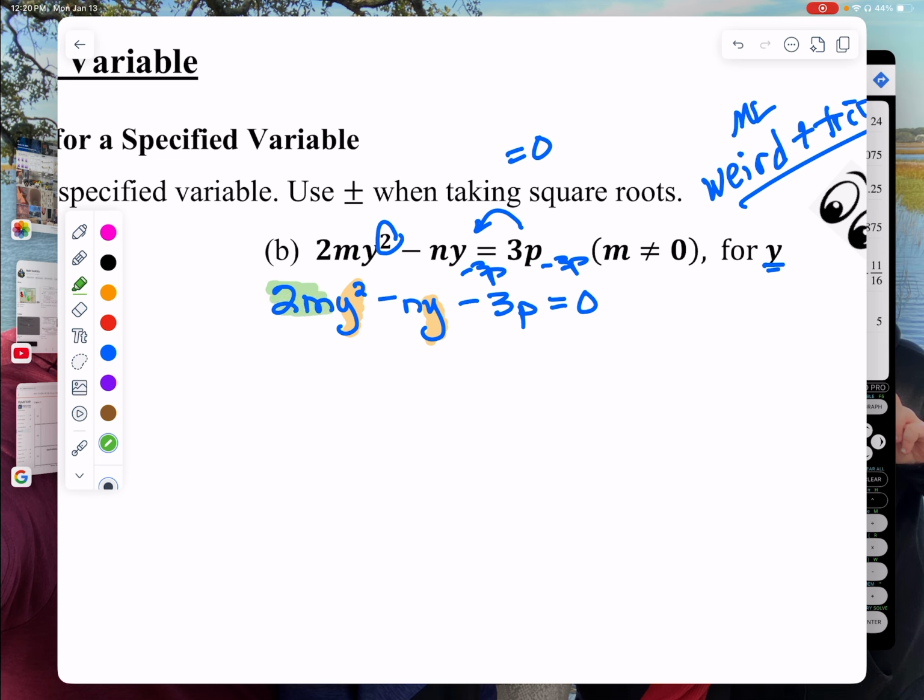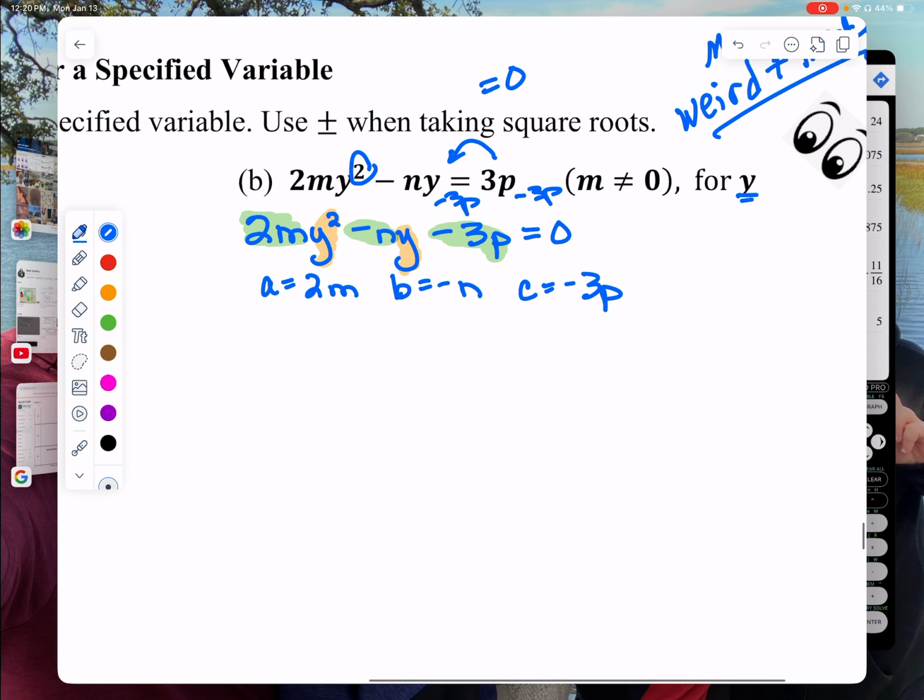So 2m is my a, minus n is my b, and minus 3p is my c. So basically, this problem is to see if you can apply the quadratic formula even when it's not making a bit of sense.